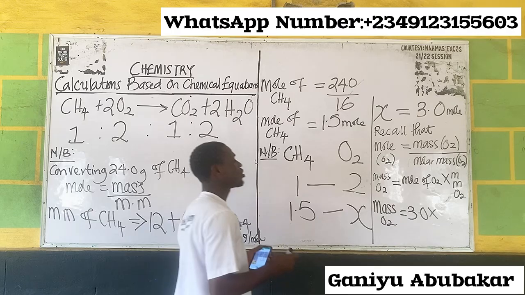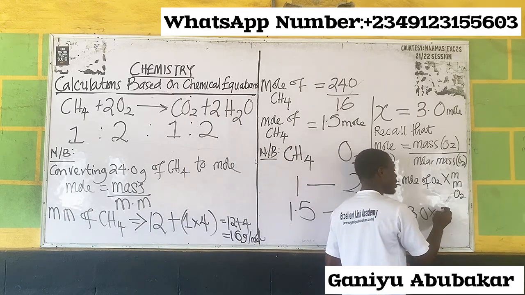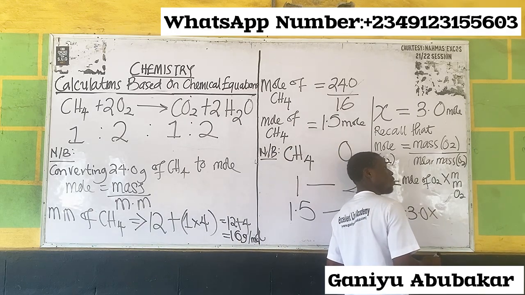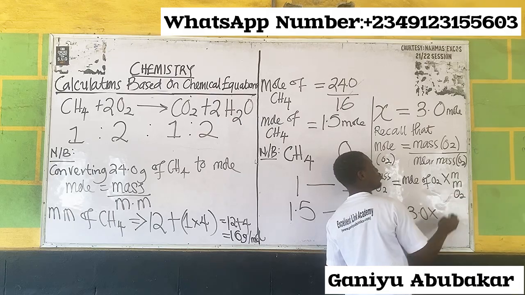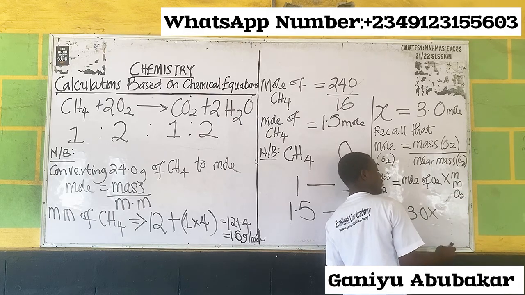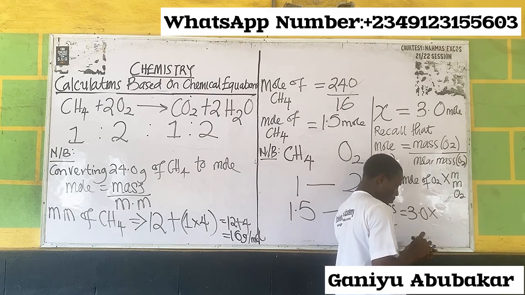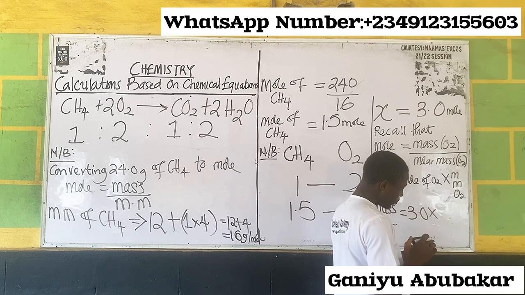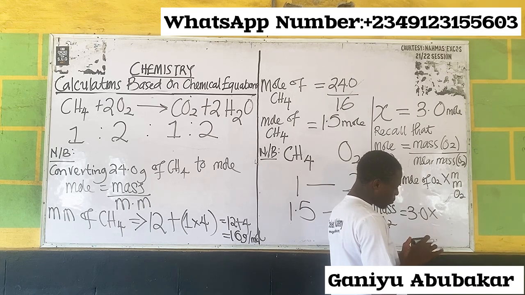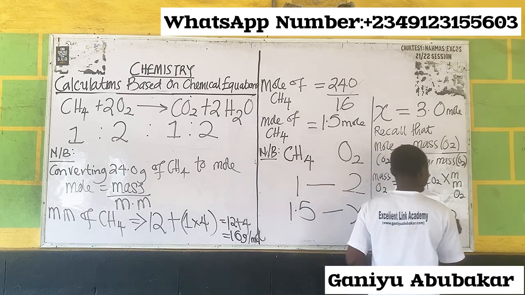We did the molar mass of oxygen. It was 16 times 2, which is 32. All right.